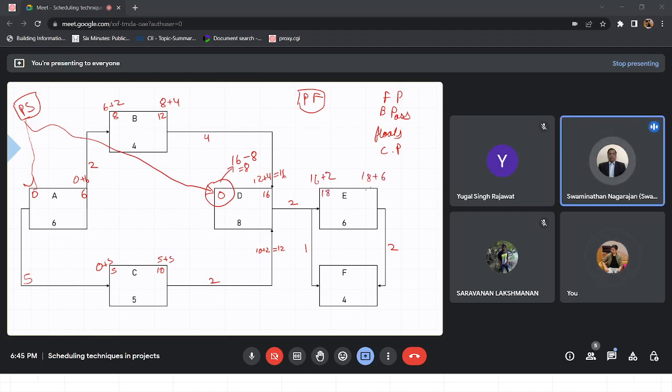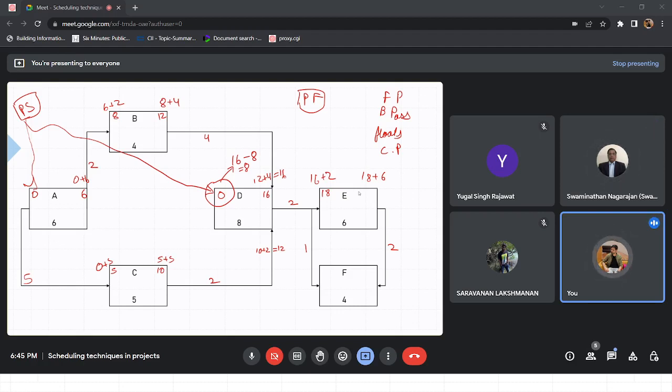So, sir, for D, that means we have to assume there is a project start and put it as 0, is it? Not just for this example, but if you think logically, we have got only finish to finish relationships for this activity.